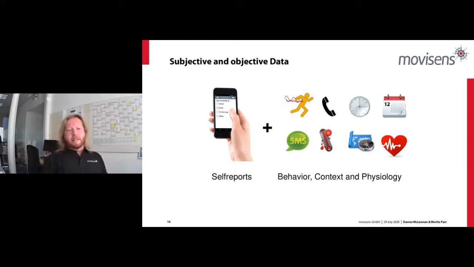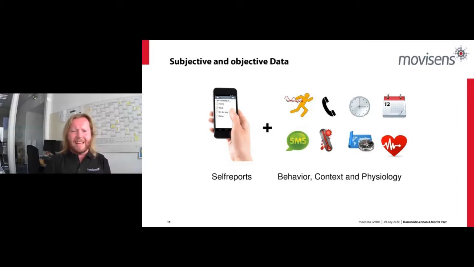And as Moritz said, it's important that in your studies, it's really nice to get a collection of subjective and objective data. Objective data can be really wonderful on its own, but sometimes you need additional information to give context to the physiological value.